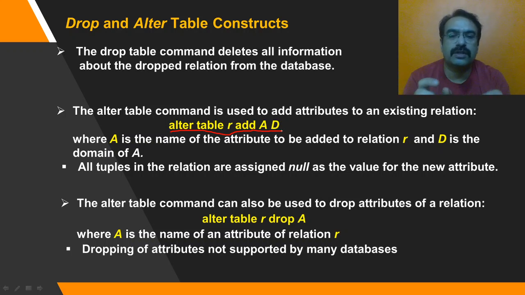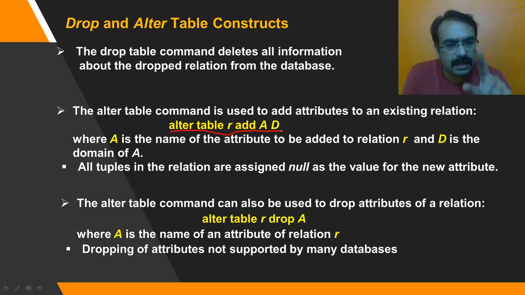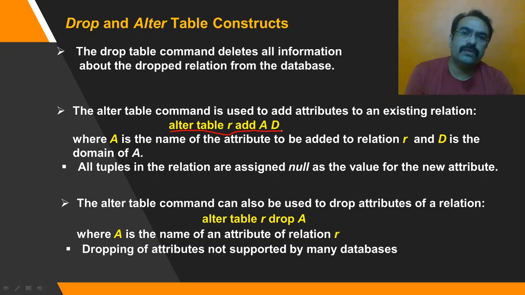When I say just drop A, that particular column will be removed from the table. But the only care we need to take is that the column should not contain any values at that time. We should make all the values null first, and then we can remove the column.